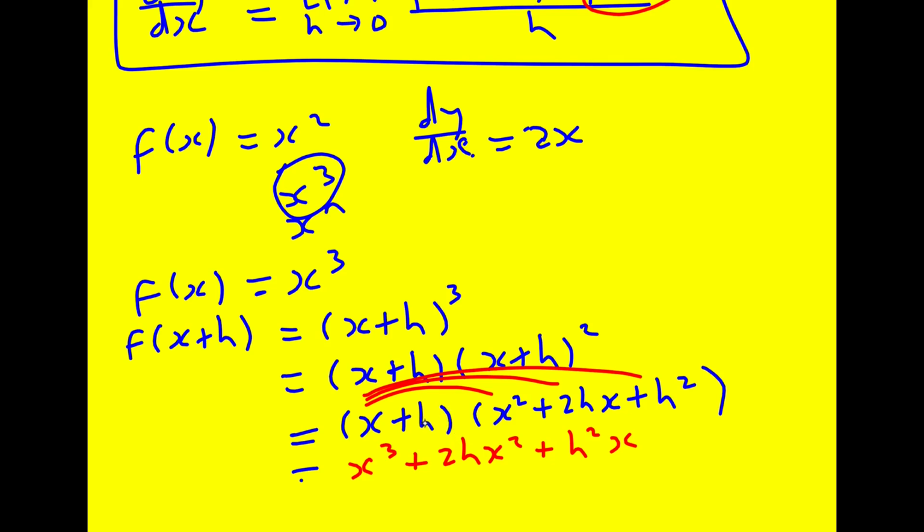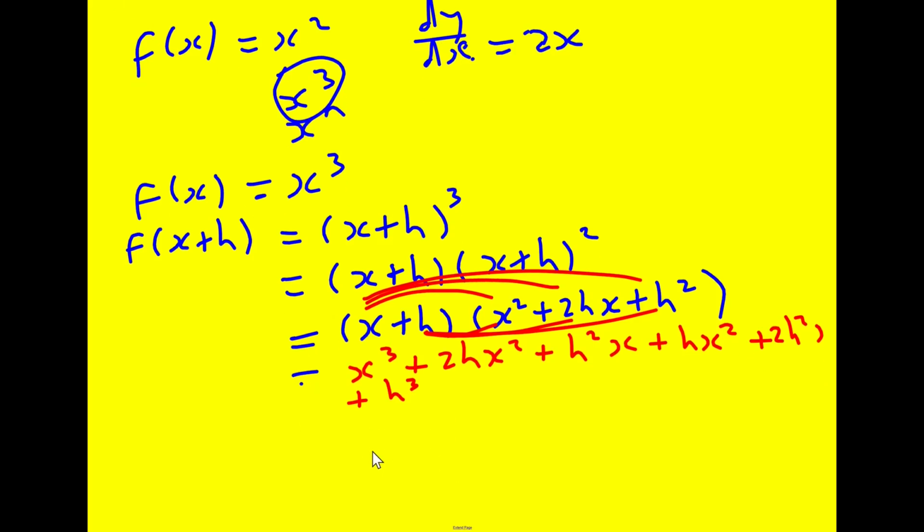Then I do the ones with h. It's going to be hx squared. Plus 2h squared x plus h cubed. Okay, this does not look very nice.